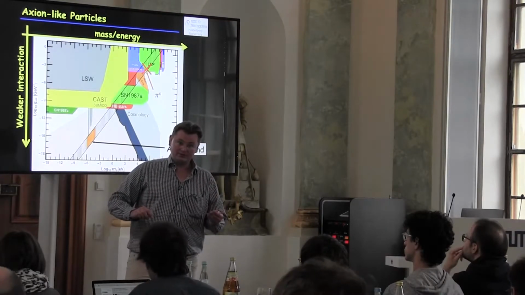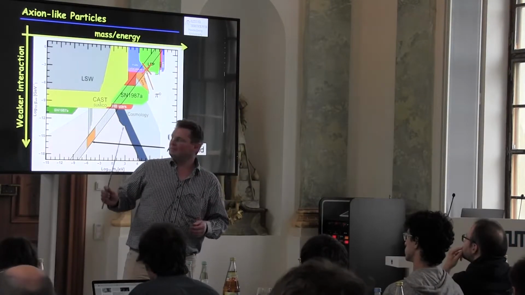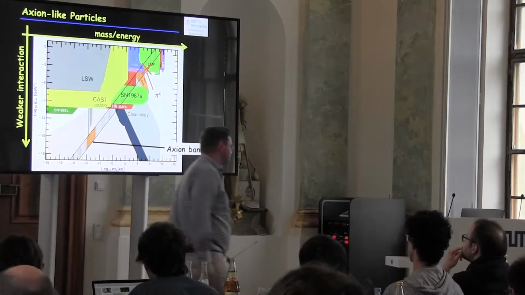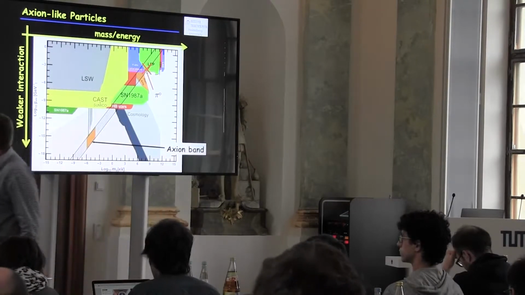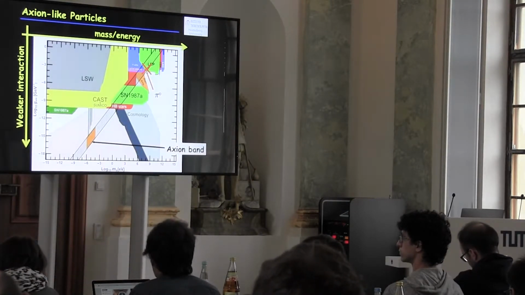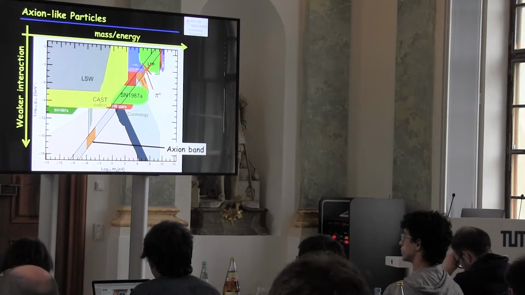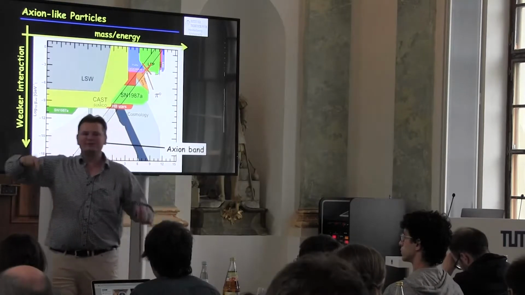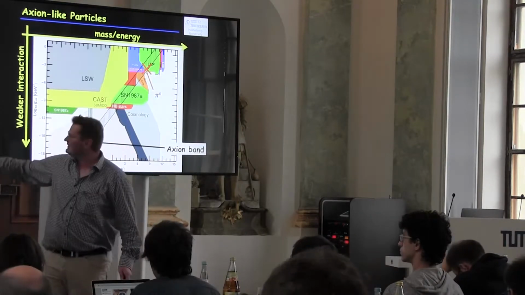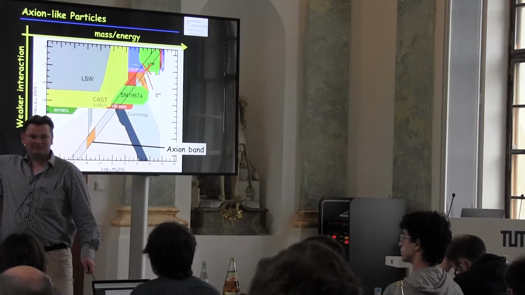That is topologically trivial. So basically, if you write a term theta F F-dual, and that is basically electromagnetism, so that's a U(1). Then this, unless you have some monopoles or something weird like that, is unobservable.